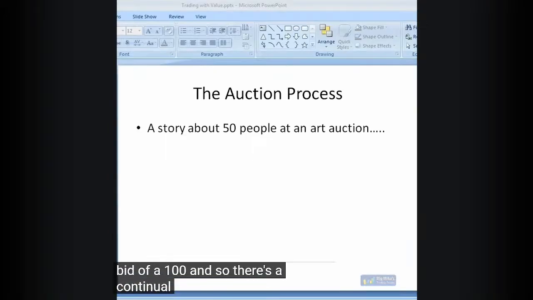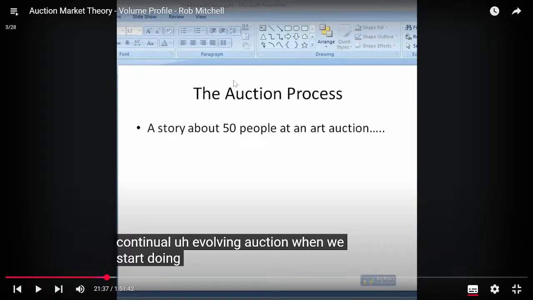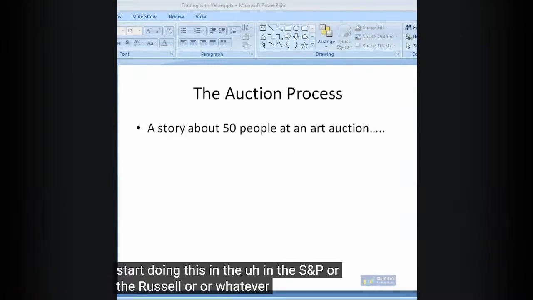And so there's a continual evolving auction when we start doing this in the S&P or the Russell or whatever market we might do.